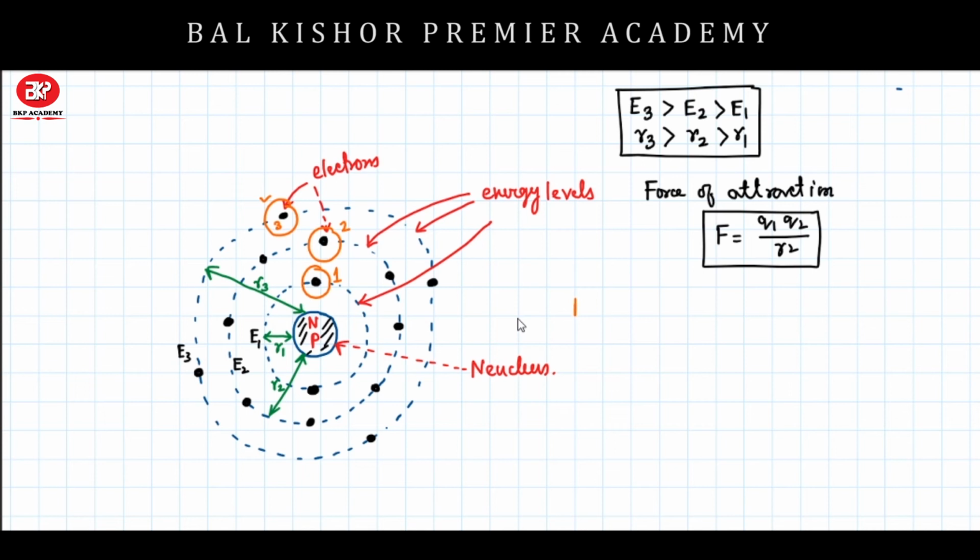So we can say that the energy of electrons in the outer orbit will be greater than the energy of electrons in the inner orbits.